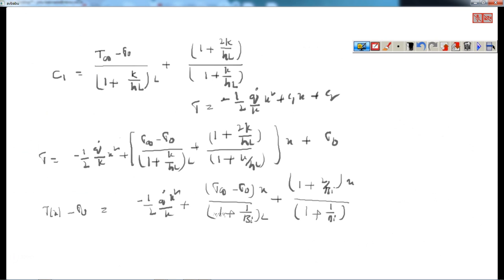Okay, so this is something you are going to get. Now this again I am simplifying in this way.